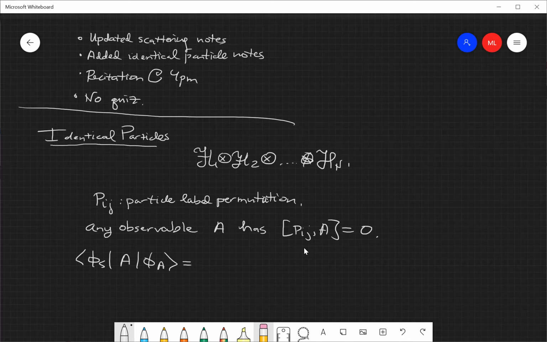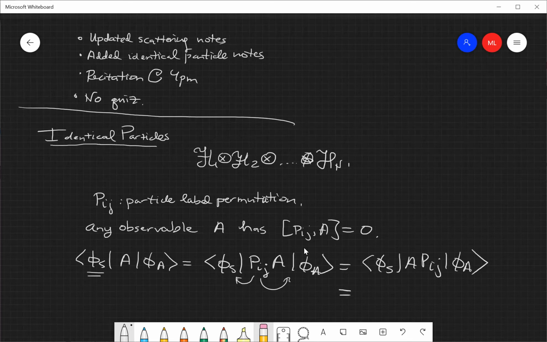You can see that from the commutation relation, because we know that a symmetric state does not change under particle permutation. So we can add a P_ij here that doesn't change the state. Then we can use the commutation relation to sneak the P past the A, and you have P_ij acting on the antisymmetric state, and you pick up a minus sign by definition.